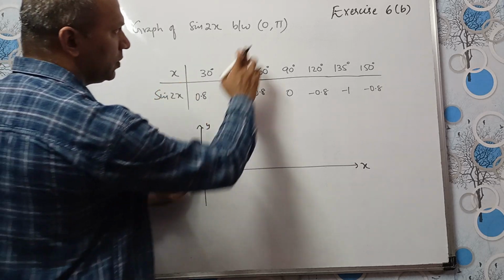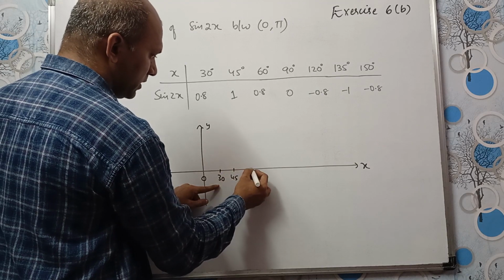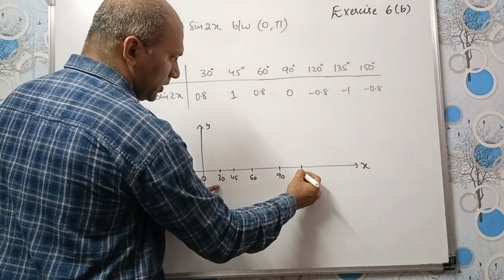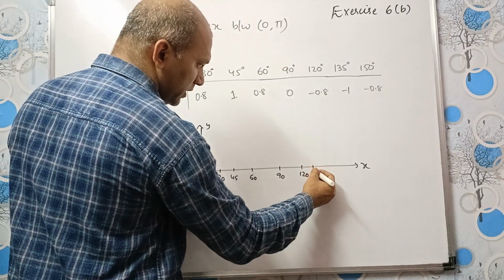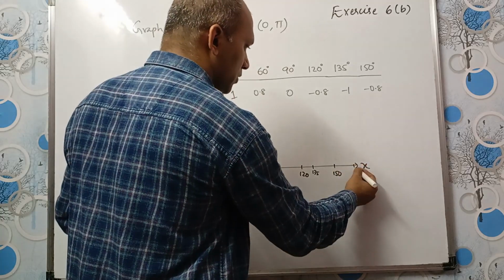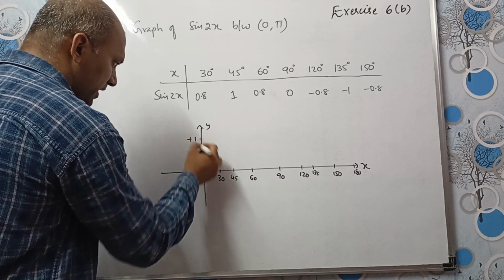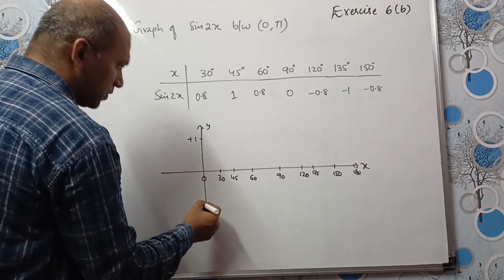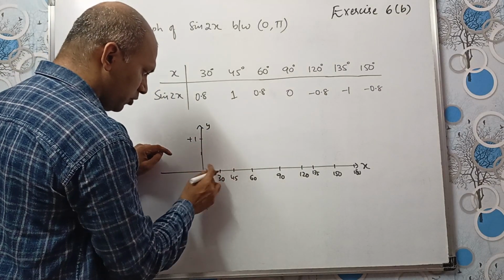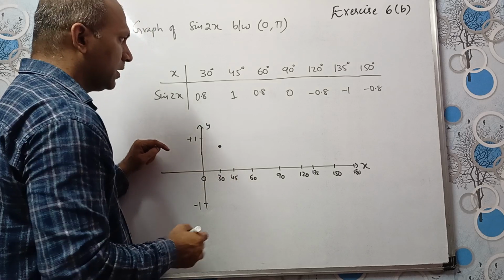See, at 0 we should not draw. 30 degrees, 45 degrees will be a little closer, 60 degrees, 90 degrees, 120 degrees, 135 will be close, 150 here, right? 180 we should not draw again. So if you take this as plus 1 and if you take this as minus 1, 0.8 will be somewhere here. So let us say this is 0.8.